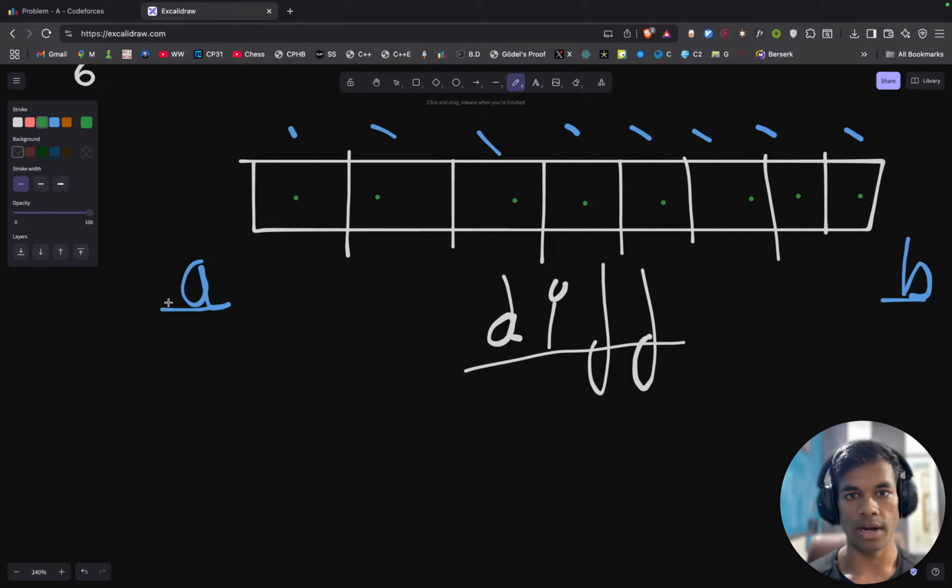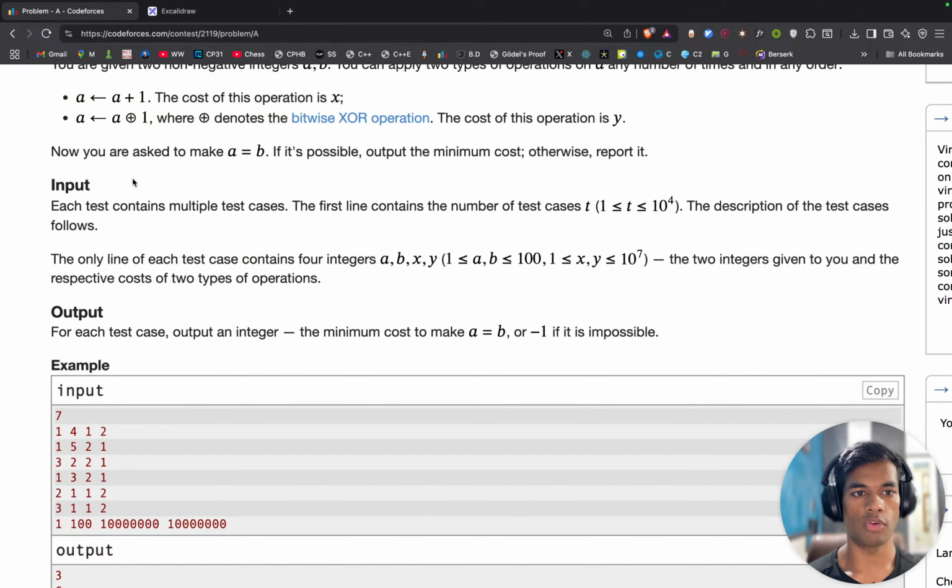So it does not matter if a is even or odd, right? Because if a is even, then to increase a by 1, we can do our XOR operation, because the last bit would be 0, and 0 XOR 1 would result in 1.